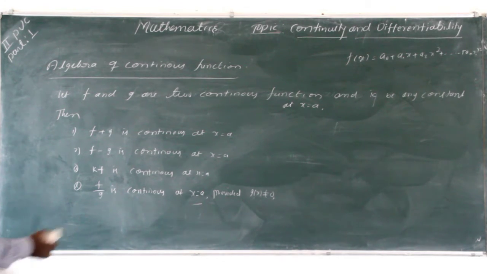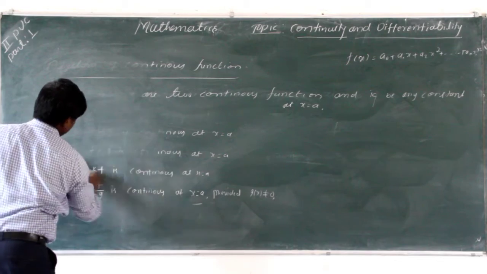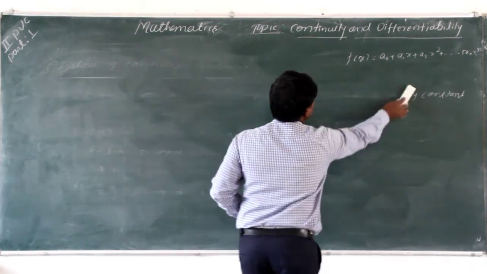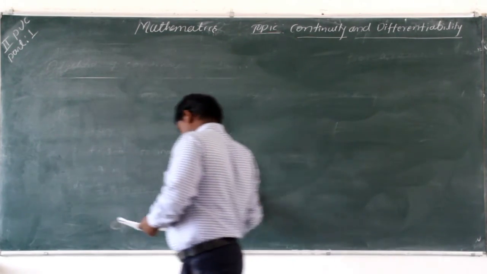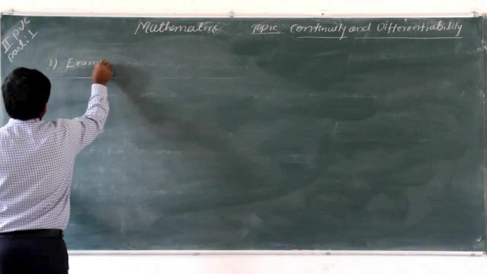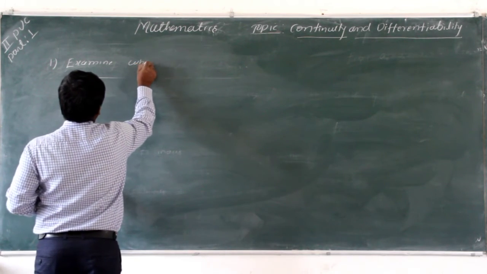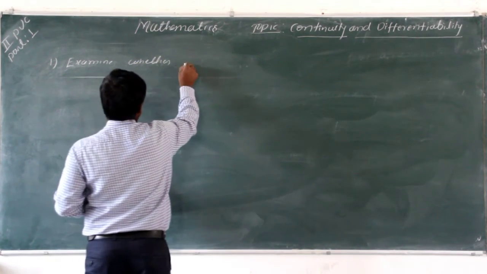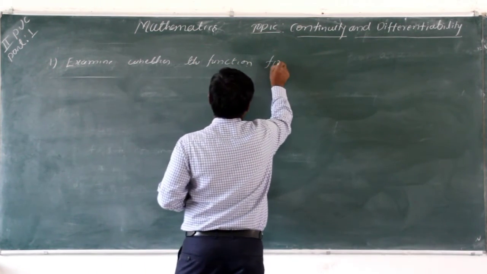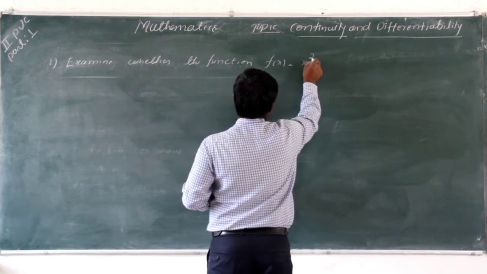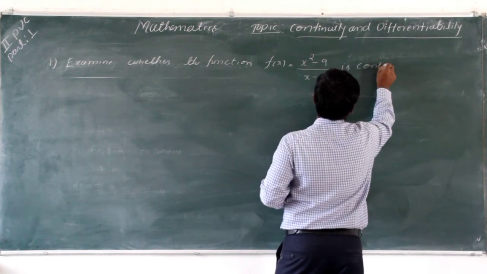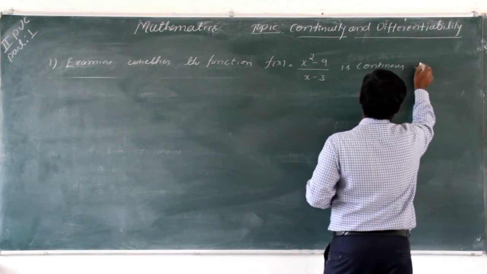So next we move on to problems. The first one is, examine whether the function f of x is equal to x square minus 9 divided by x minus 3 is continuous at x is equal to 3.